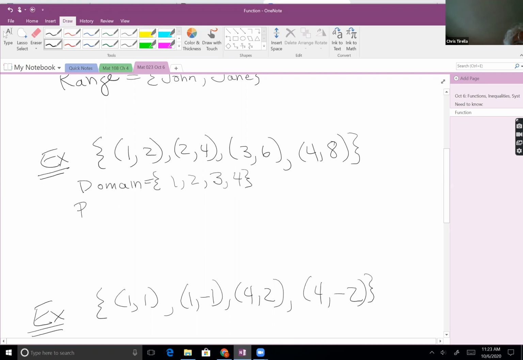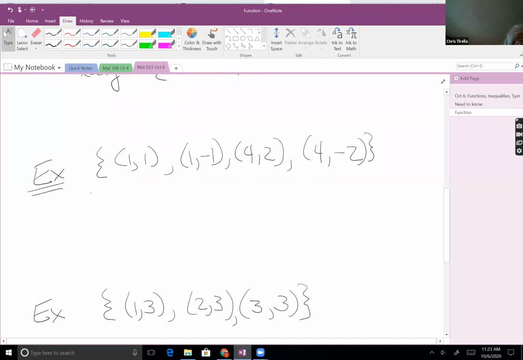And so then the range would be the 2, 4, 6, 8, the second members of each. The next one, the domain would be the first members.